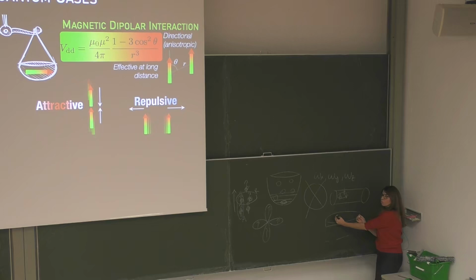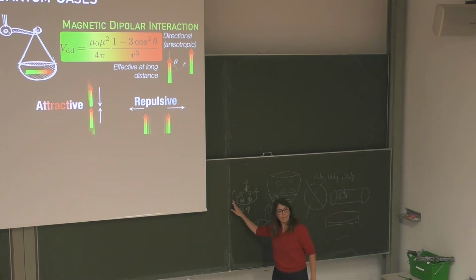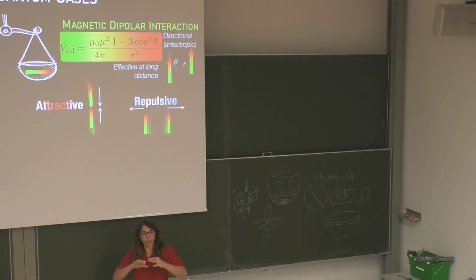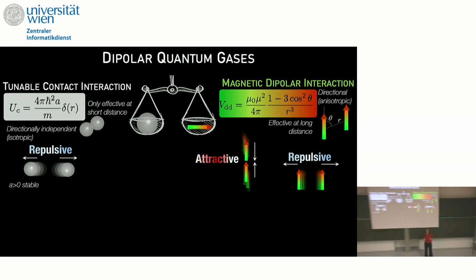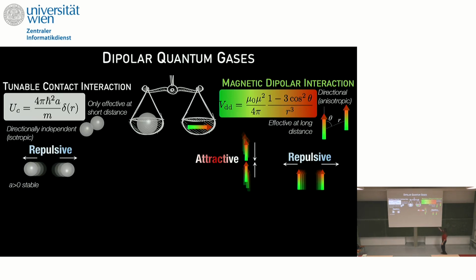I will have the contrary. Okay? So in a way, you can change. So what I want to say is that the trap geometry combined with the polarization of the magnetic field allows you to, let's say, have an integration volume which is not spherical. So you can make this quantity more attractive or more repulsive.